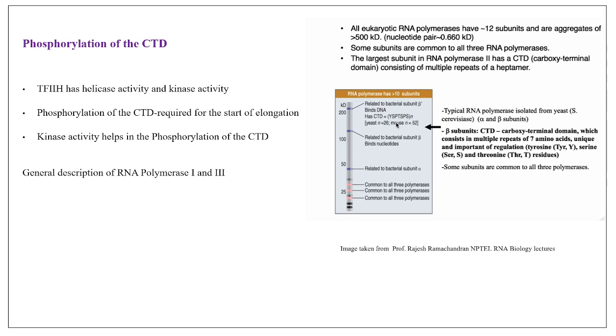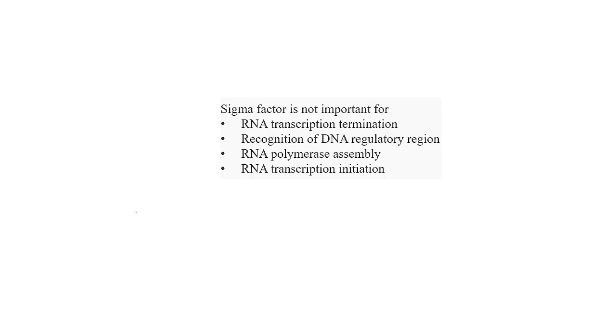Remember, in eukaryotes, this phosphorylation of the C-terminal domain is required for the start of the elongation process. And this kinase activity helps in the phosphorylation of the C-terminal domain. Okay, this is about it.